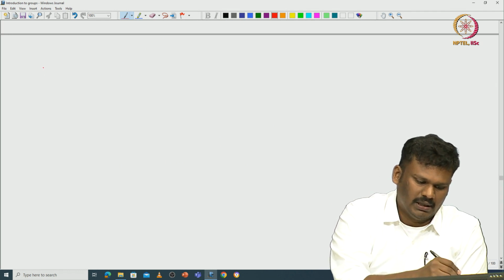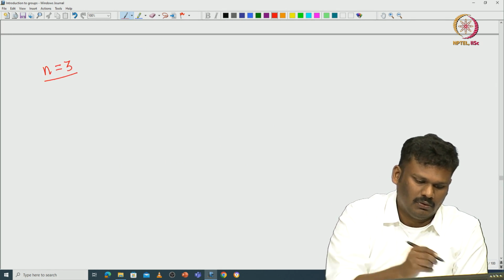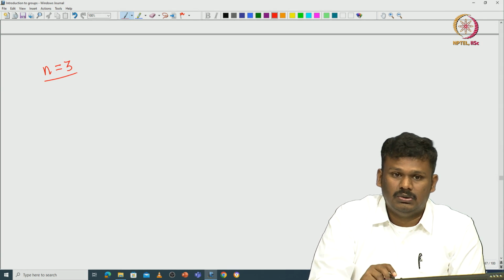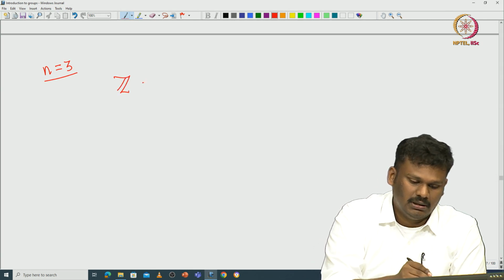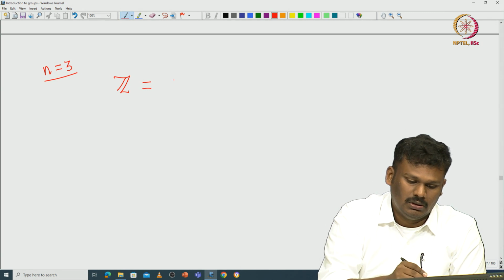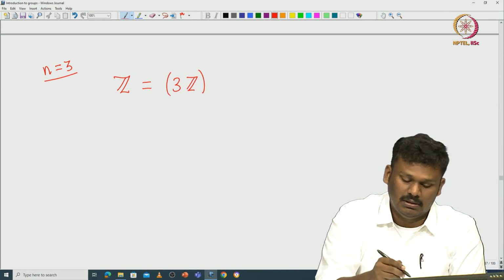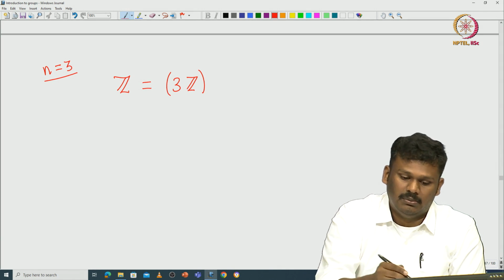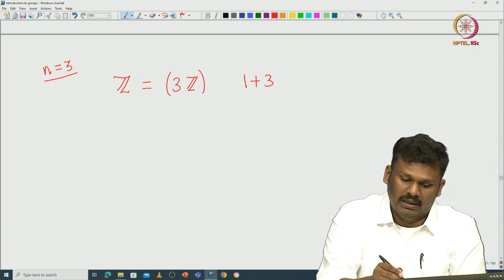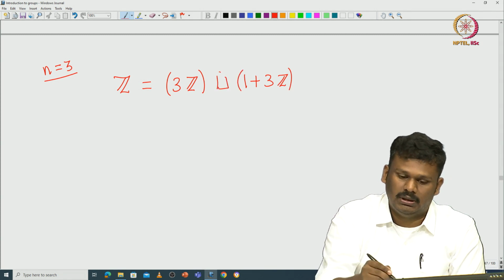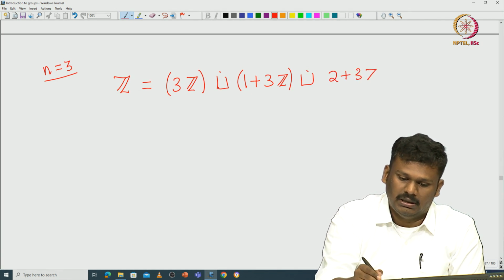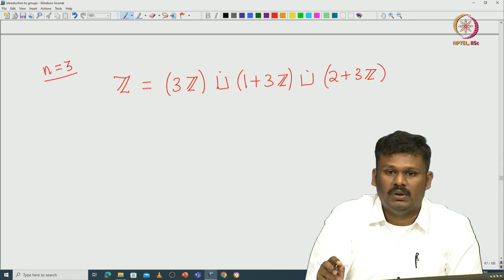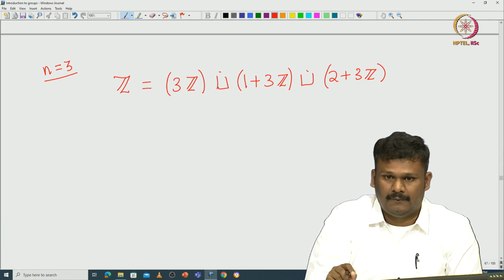Let us take now n equal to 3. Then you see that this Z actually splits into 3Z, all multiples of 3, and then some numbers that leave 1 as remainder, a disjoint union, and then a disjoint union with some numbers that leave 2 as remainder when you divide by 3.